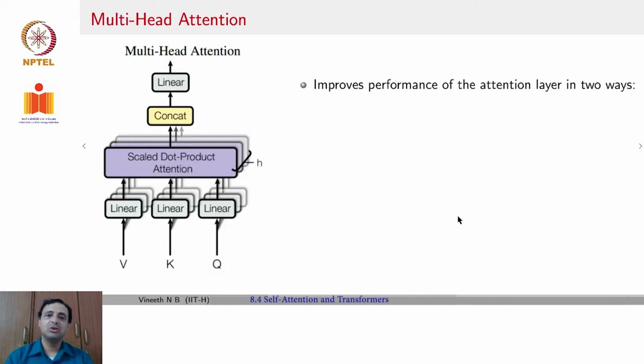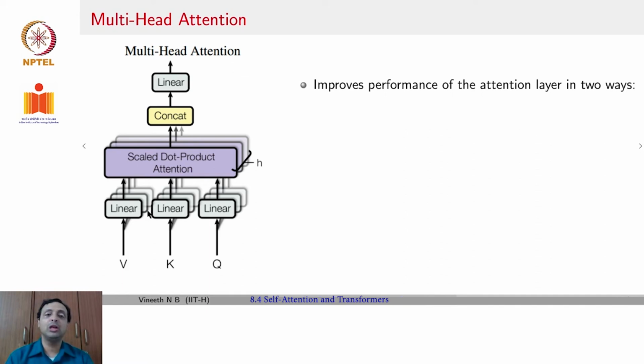Now let's move on to multi-head attention. So we've seen self-attention so far. Next we'll talk about the component known as multi-head attention. Multi-head attention are these different layers that you see in the illustration here.